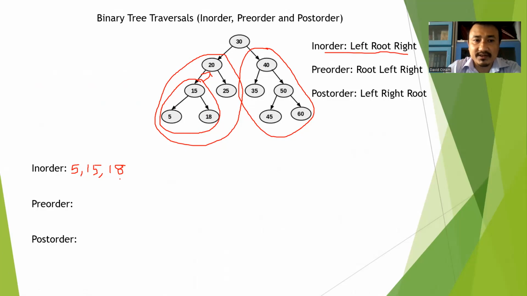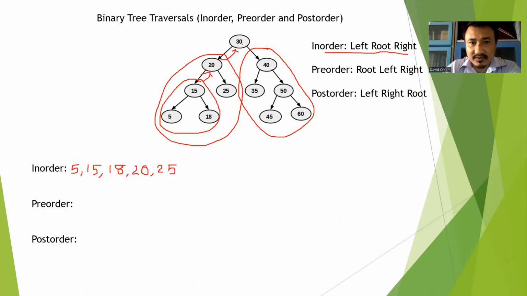The root is 20, after 18, so we write 20. Then the root is completed and we move to the right. The right side is 25. So this subtree is also completed, and we backtrack to the node 30 again.